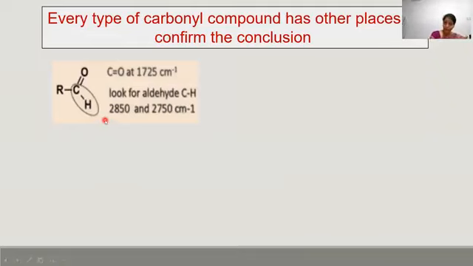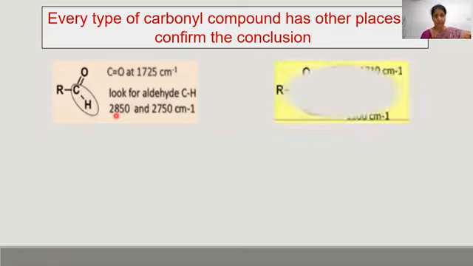So the first carbonyl peak in case of aldehyde is observed at 1725 centimeter inverse, and because of Fermi resonance this aldehydic CH bond produces a doublet at 2850 and 2750 centimeter inverse, which is totally absent in any other type of carbonyl compound. So when in the molecule a carbonyl group is present and at 2800 and 2700 two small peaks are present, then it is confirmed it is aldehyde.